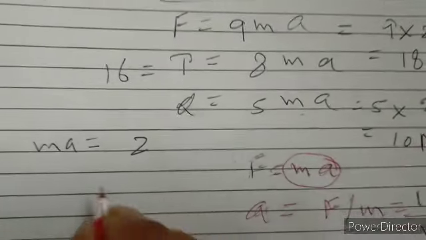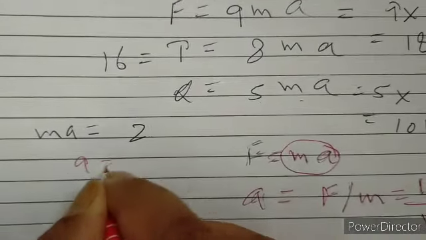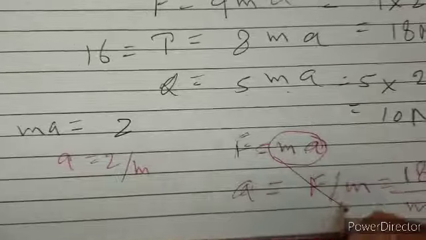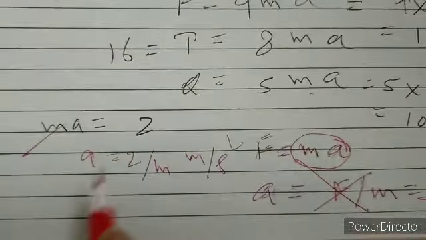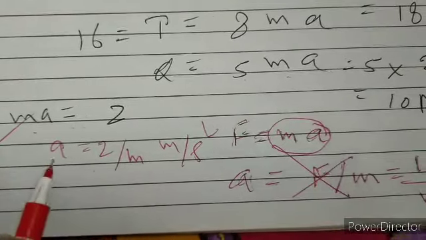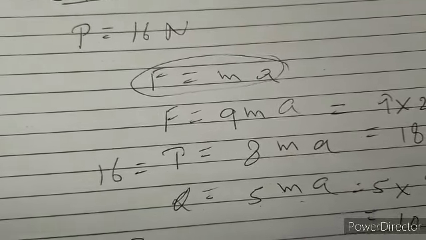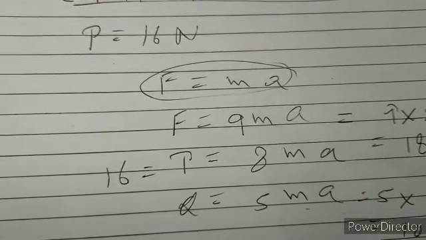So if Ma is 2, A is equal to 2 by M. From here A is equal to 2 by M meter per second square. Clear? Okay.